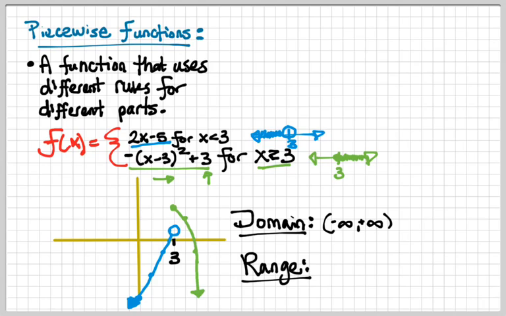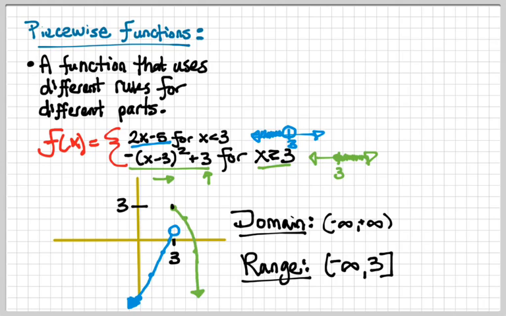Our range now, it's low to high. So we start from negative infinity, and we move up, and you'll notice that the highest we can get here is positive 3. So our range is going to be negative infinity, comma 3, and because 3 is a point on the graph, we will have a closed bracket to say that 3 is included.